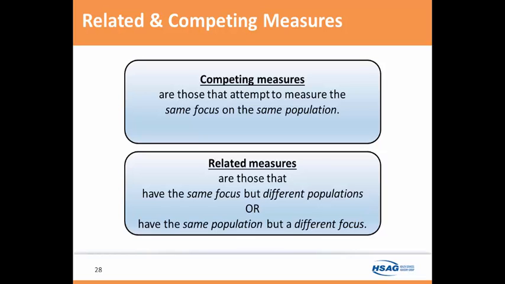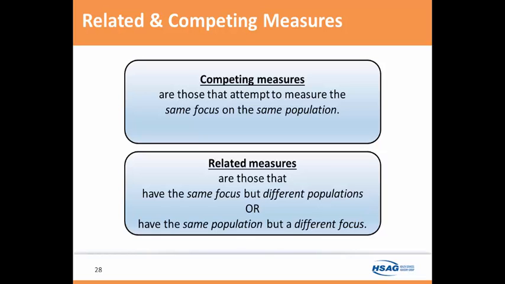Measures are considered related if they have the same focus but different populations, or the same population but a different focus. Here we can use our example of readmissions, where one measure focuses on pediatric patients and another measure focuses on adults. These are related but not competing measures. Related measures can be used to compare and contrast measure specifications for the purposes of harmonization.